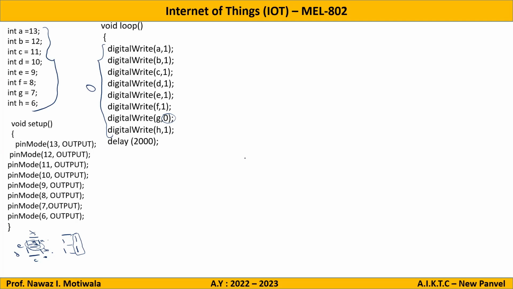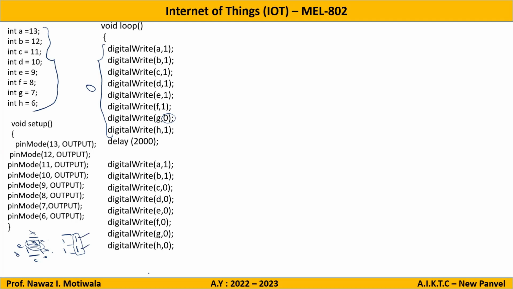I am giving a delay here because once 0 is coming, we have to see that 0 is appearing on the screen, else it will be very fast. So starting with the programming of digit 1, I will write digitalWrite A 1 and B 1. As we have discussed, A and B will be 1, and the rest will be 0, so 0, 0, 0, 0, 0, and then I will again write delay. So this set of instructions will display 1 on the screen.